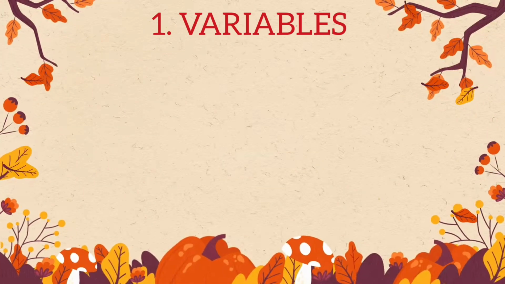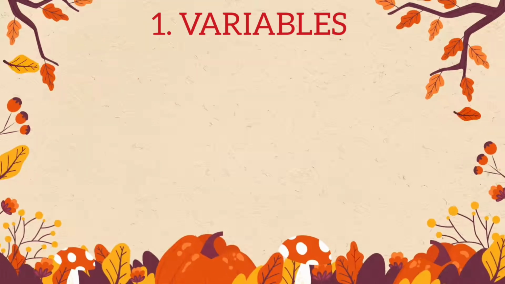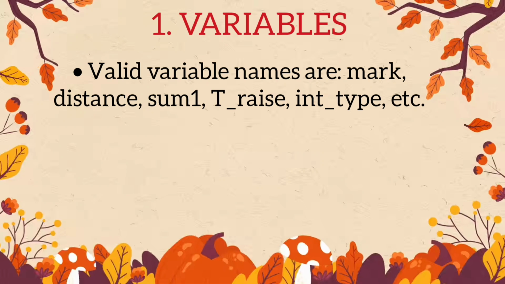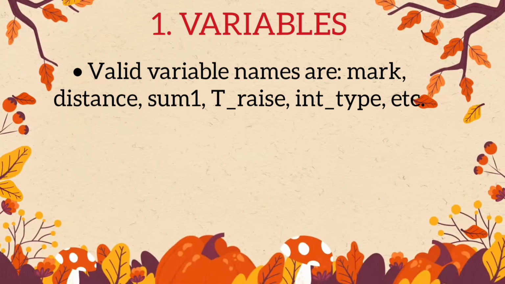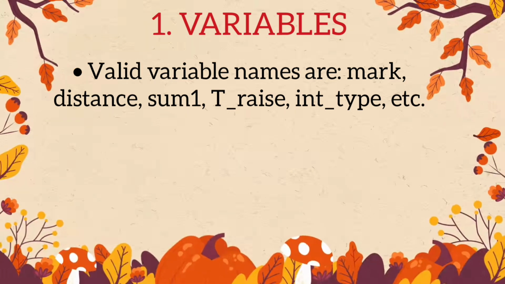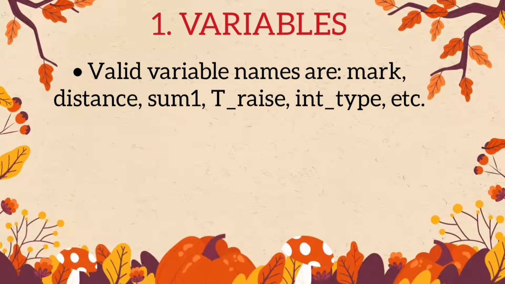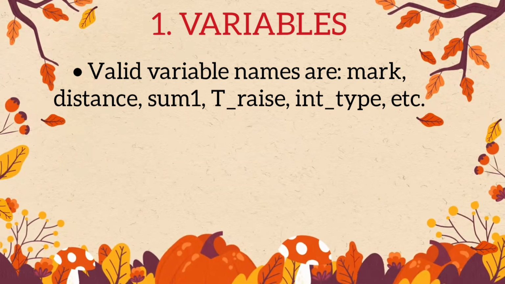So as per the rules discussed, now you can differentiate which variable names are valid and which are invalid. In the PPT I have given some examples. Valid variable names are mark, distance, someone, t_days, int_type, etc. Mark consists of just letters, and so does distance, so these are valid.